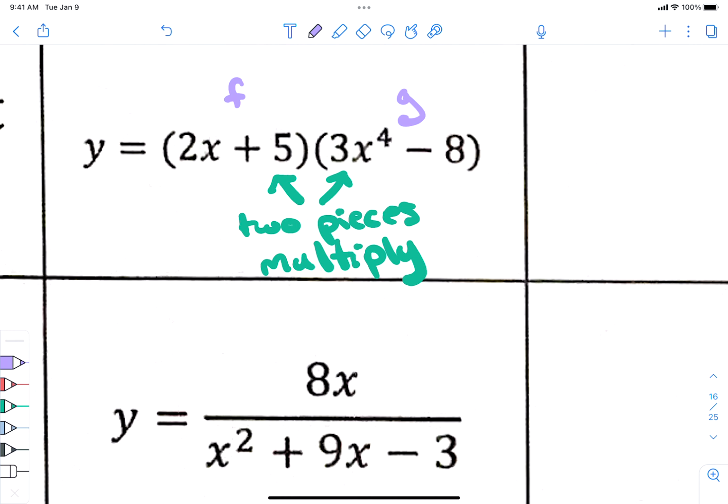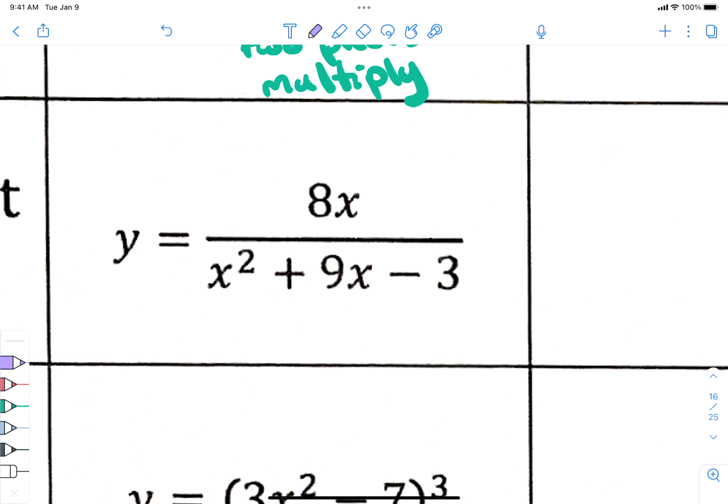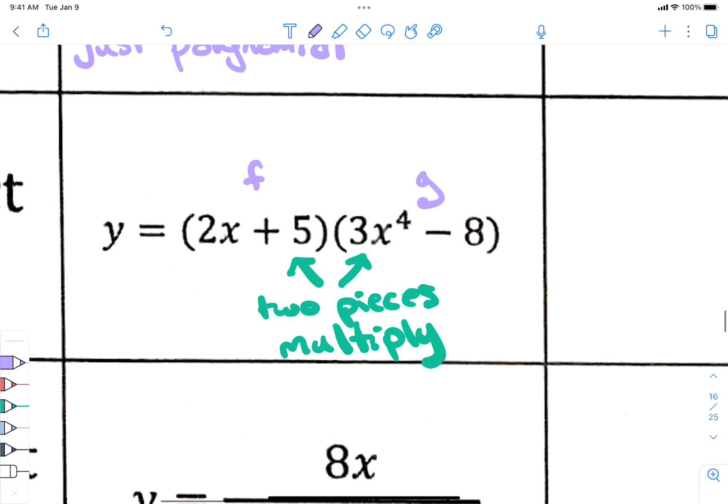Now, it really doesn't matter in the product rule which one is F and which one is G, but it makes sense to say the first one is F, the second one is G. In the quotient rule, which we will do later on, your top has to be F and your bottom has to be G. Let me show you why this works. I could easily rewrite this with the second piece first and the first piece second.